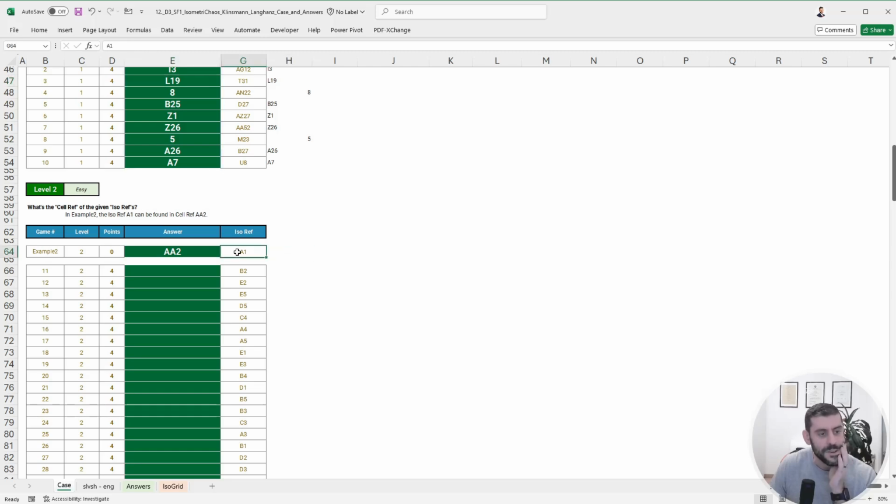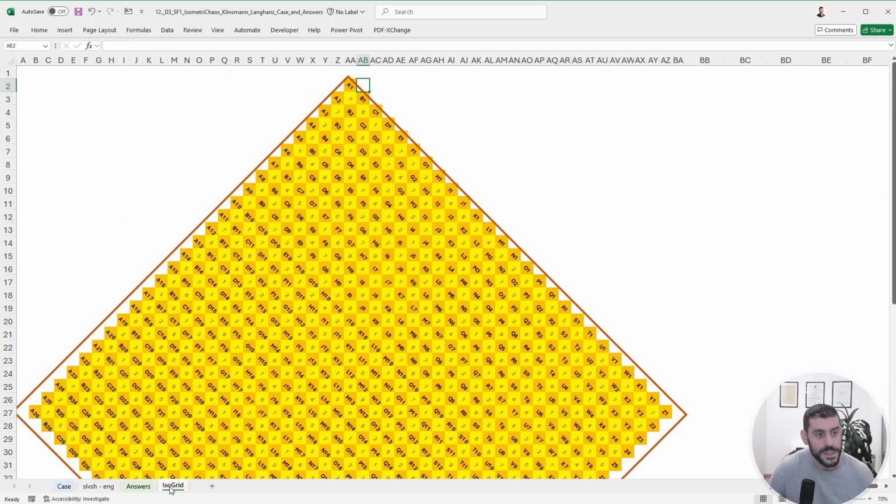Level 2 asks what is the cell ref of the given isorefs. So you're given an address in isoref terms, and you are asked what is the content of that cell. There are plenty of ways to do this. I think the overarching logic of the case was to build an algorithm to transform the cell ref into isoref and vice versa. What I realized during the competition was that this is like looking at what address A1 is found in.